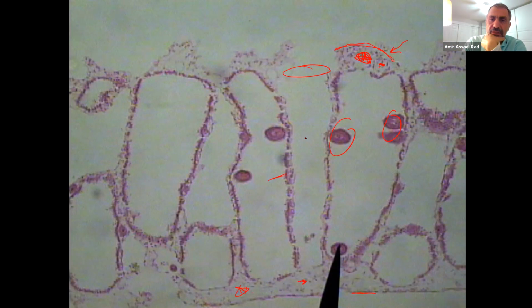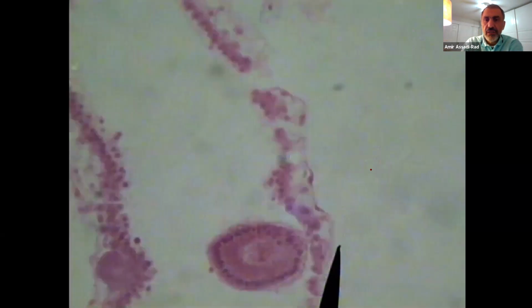So that would be incurrent canal, and that would be radial canal. So amphiblastula, and as you can see, a nice, beautiful amphiblastula right here. This is a nice, beautiful pinacocyte. Amoebocytes, and these are choanocytes right here.